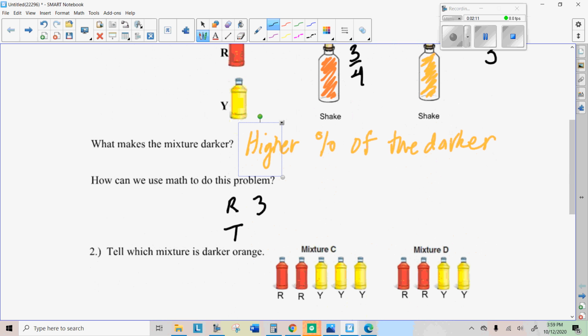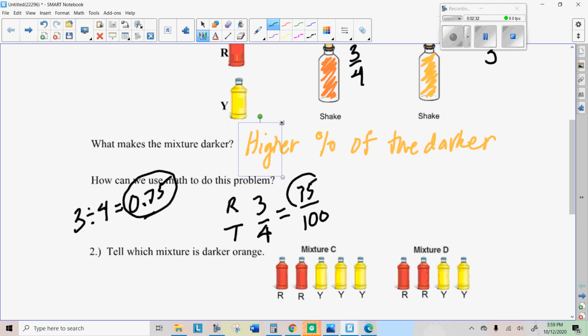So my 3/4, I'm going to change that to a percent. Since we're going to do this a lot, I'm going to show you a quick way to do the percent. Just do the 3 divided by 4. That gives you the decimal, and that decimal number is actually a percent, just by moving it over 2 places. So 75%.